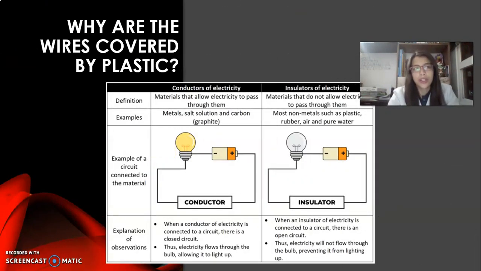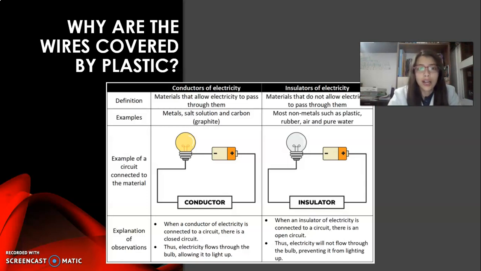So our big question is, why are the wires covered by plastic? We have different types of materials. First, we have conductors of electricity. They are materials that allow the electricity to flow across the circuit. And insulator materials are materials that don't allow the electricity to flow through the circuit.